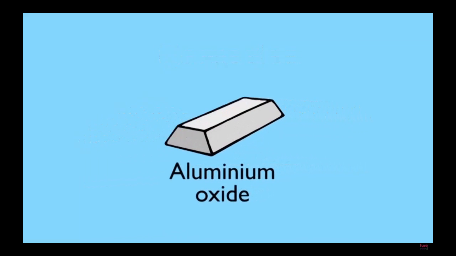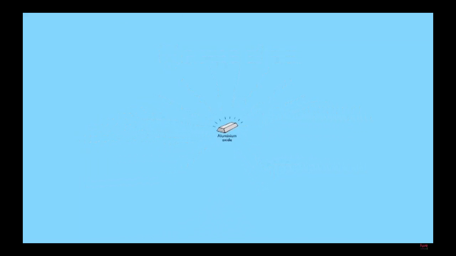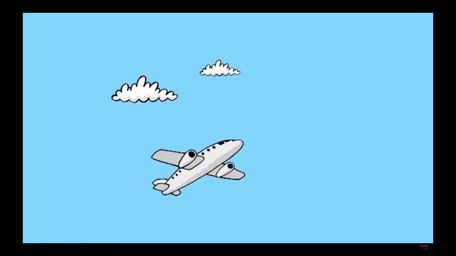Aluminium oxide, for example, forms a protective layer on the surface of aluminium. This grey coating protects the body of the metal underneath from further corrosion. Modern aeroplanes have used this characteristic of aluminium as a choice of construction material.